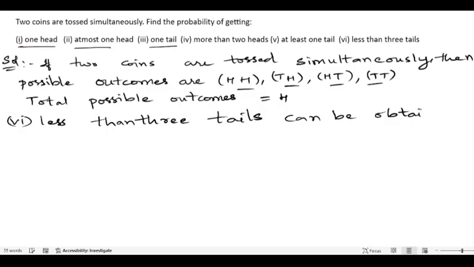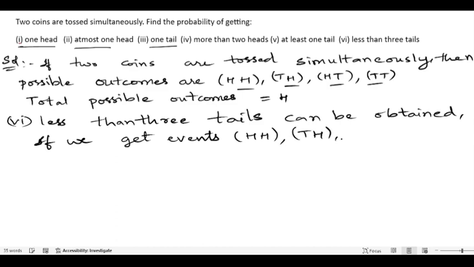Because we are tossing only 2 coins, if we get events like this: head head, 0 tails, which is less than 3 tails, next tail head, next head and tail, and after that tail and tail.